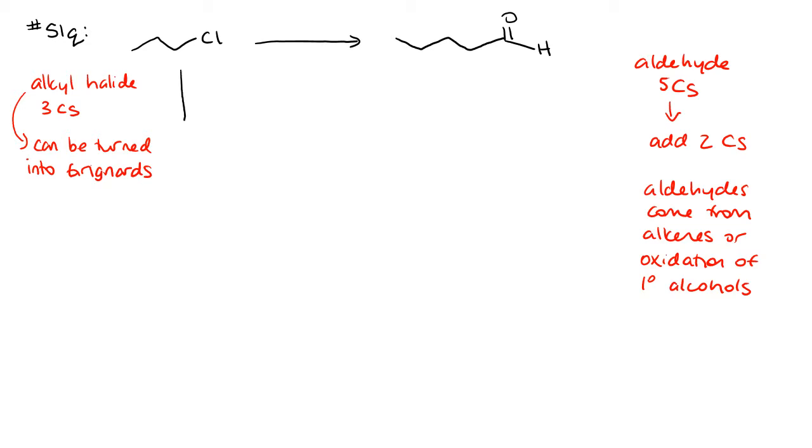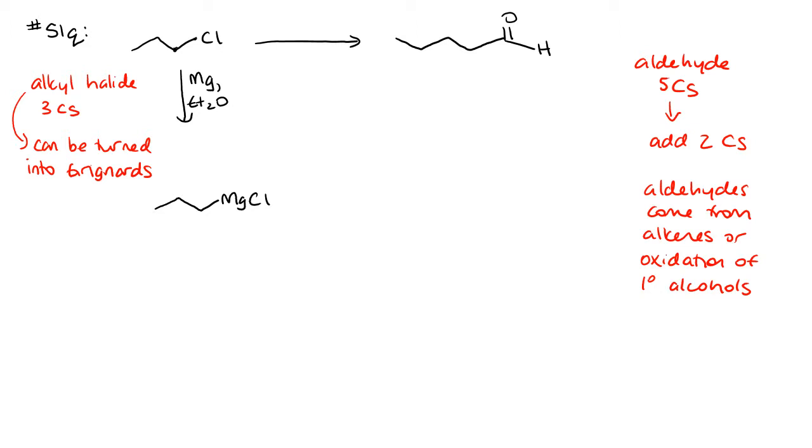So to make a Grignard reagent, you react an alkyl halide with magnesium in a solution of diethyl ether. Now this is going to insert the magnesium between the carbon and the halogen. Now at this point, Grignards can react with either carbonyls or epoxides.